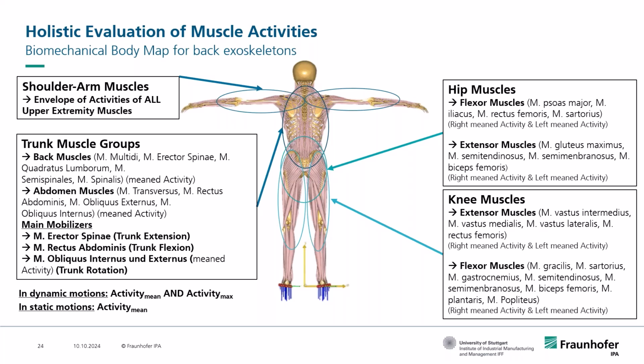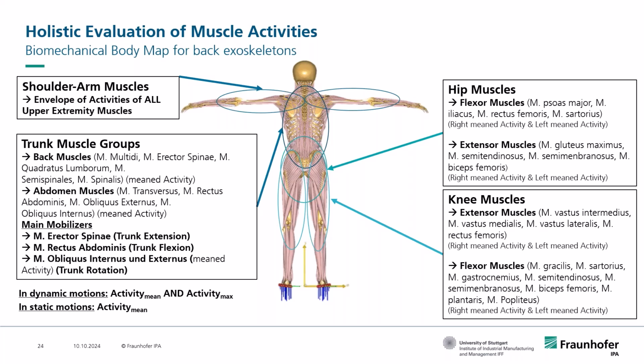It's just a summary of relevant muscles we think should be considered if you apply a back exoskeleton in a specific motion sequence to really get an idea of what happens to intended biomechanical body regions and what happens to not intended muscle groups and body regions.